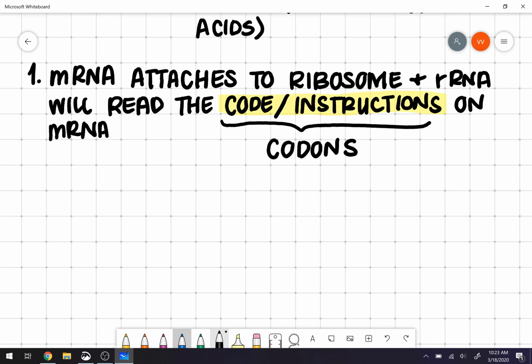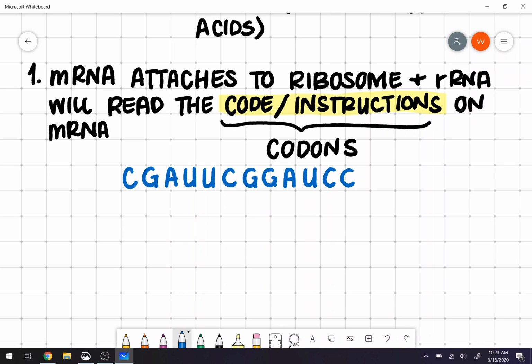So what in the heck does that mean? That means that if I had this as my RNA strand, every 3 letters is a codon.